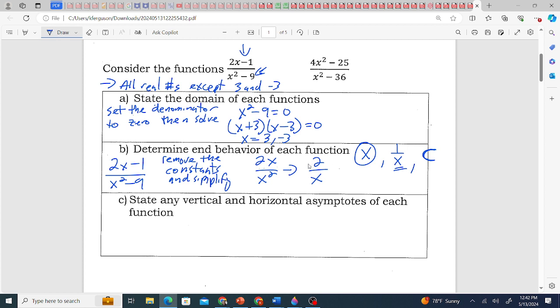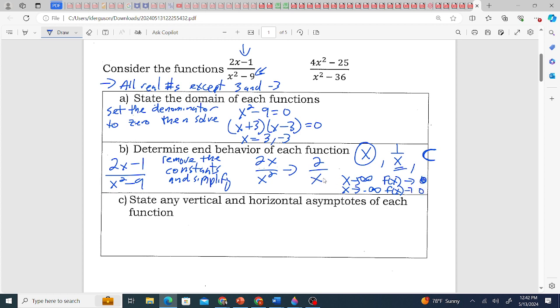So in this case, if I remove the constants and then simplify, I got 2 over x. So what's my end behavior? As x approaches positive infinity, f of x approaches 0, and as x approaches negative infinity, f of x approaches 0.